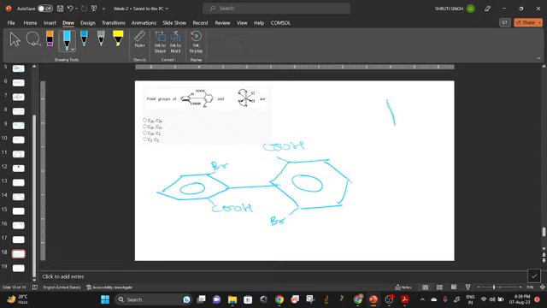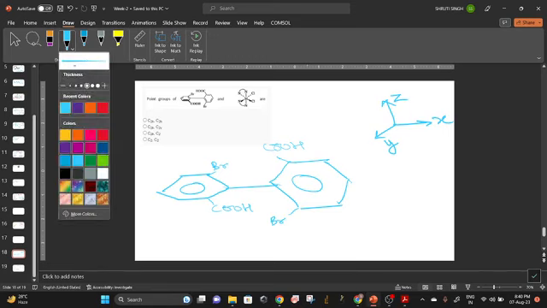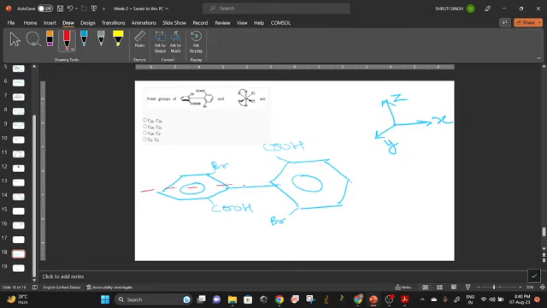Check along the axes. Now suppose I put one C2 along the x-axis like this.